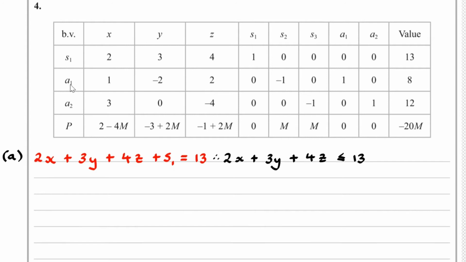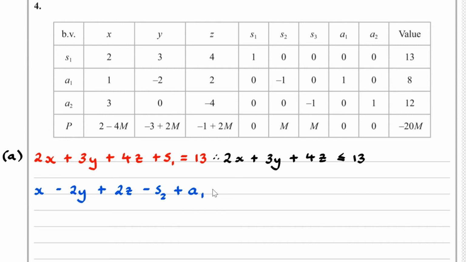If I now take a look at the A1 row, I've got 1x, I subtract 2y, I add 2z, then I subtract a surplus S2, but then I add an artificial A1.